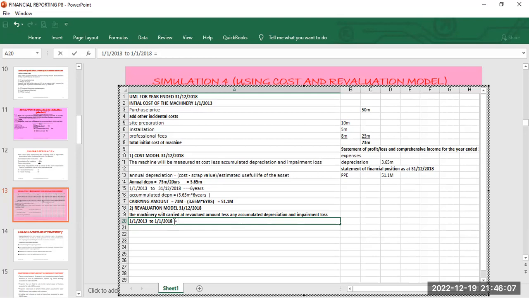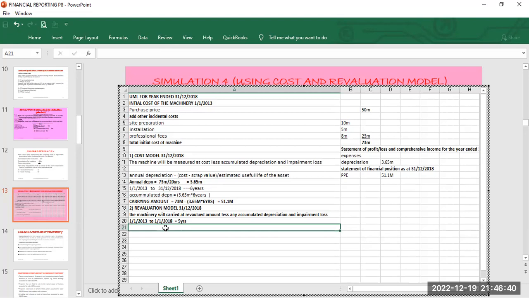We start with 2013 because it was at the start of the year. It was 2013, 2014, 2015, 2016, 2017. We don't count 2018 because 2018 is at first January, meaning it wasn't a full year. So we have only 5 years, meaning this asset was revalued after 5 years.